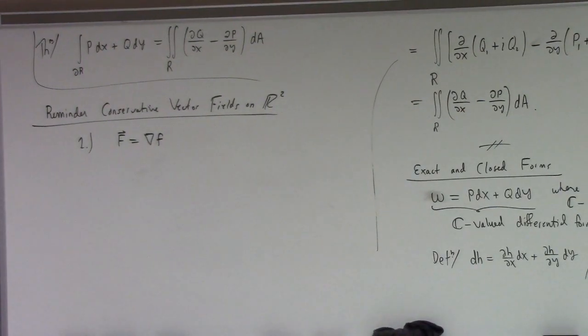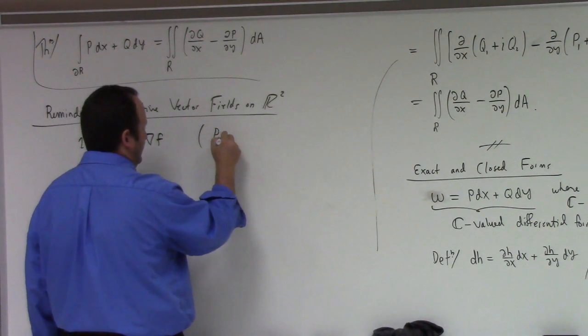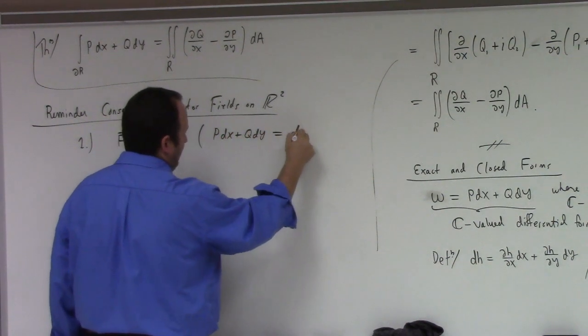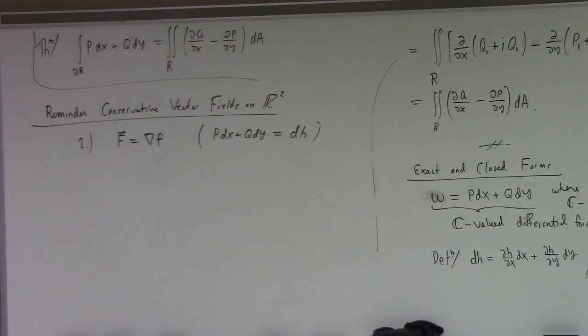In our current notation, that is being picked up by the fact that p dx plus q dy is equal to dh. In other words, saying a one form is exact is an analog of saying that the vector field F is conservative, because it's essentially saying we can build the p dx plus q dy as a gradient.